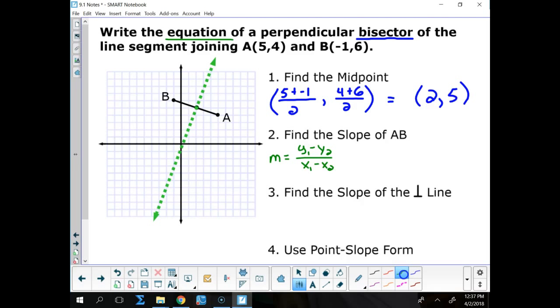So that's going to be 4 minus 6 all over 5 minus negative 1. 4 minus 6 is negative 2. 5 minus negative 1 is 6. That reduces to negative 1/3.